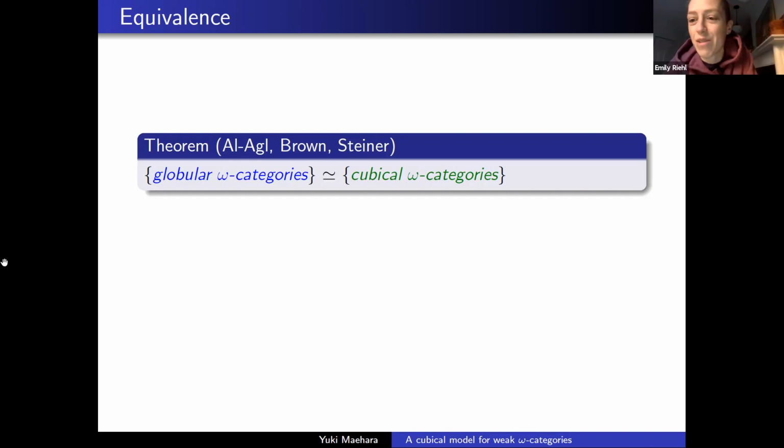Yuki, can I interrupt? Yep. Sure. So firstly, these are strict globular omega categories and strict cubical. That's right. Okay, and the compositions in the cubical omega categories, are they just sort of like pasting cubes together? That's right. I know what the geometry is in your setup, but I'm wondering what the geometry is for this result.